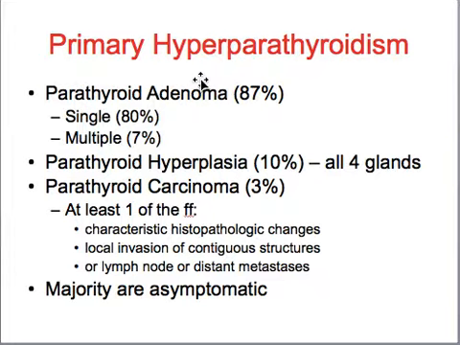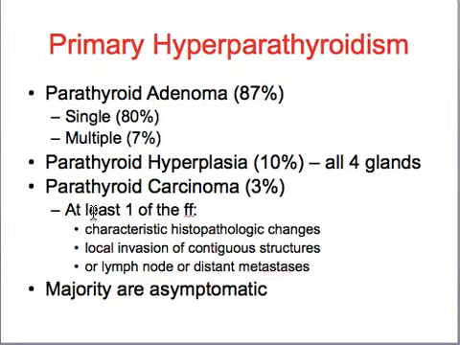Primary hyperparathyroidism is still mostly caused by a parathyroid adenoma. To a lesser degree, parathyroid hyperplasia, and lastly, the very rare parathyroid carcinoma. These are patients who have very, very high calcium levels, very difficult to treat.